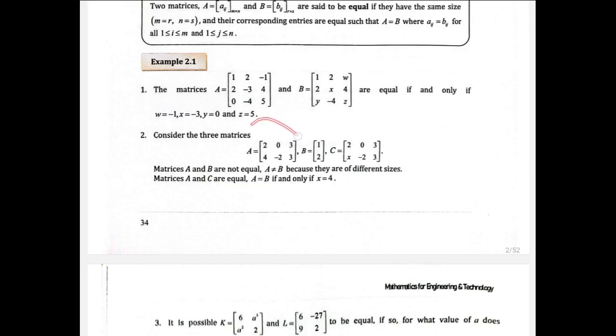But A and C can be equal if their corresponding entries are the same. For instance, A can be said to be equal to C only and only if x is equal to 4. If you're looking at this, x should be equal to 4. Then we can say that A and C are equal.